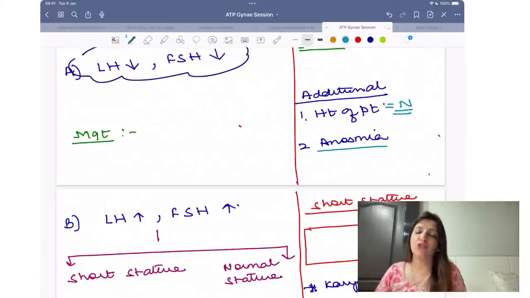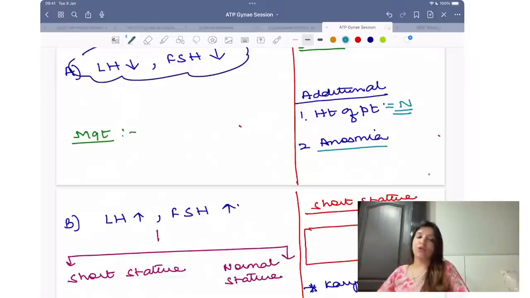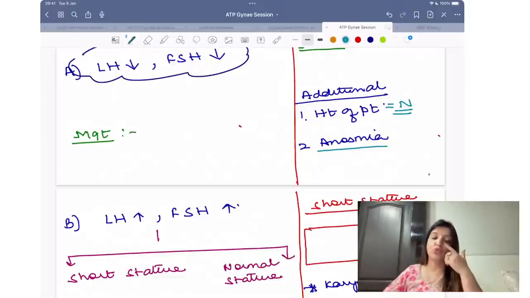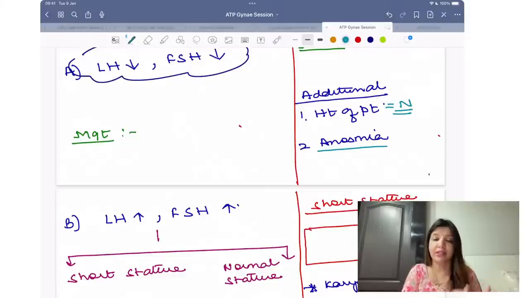That is why here we stress that there is normal height. It's not tall height. Okay? And there will be anosmia, that is inability to smell. So whenever you are getting a scenario like this, primary amenorrhea, uterus present, breast absent, LH, FSH decreased, right? That height of the patient normal. That means they are talking about Kallmann syndrome.